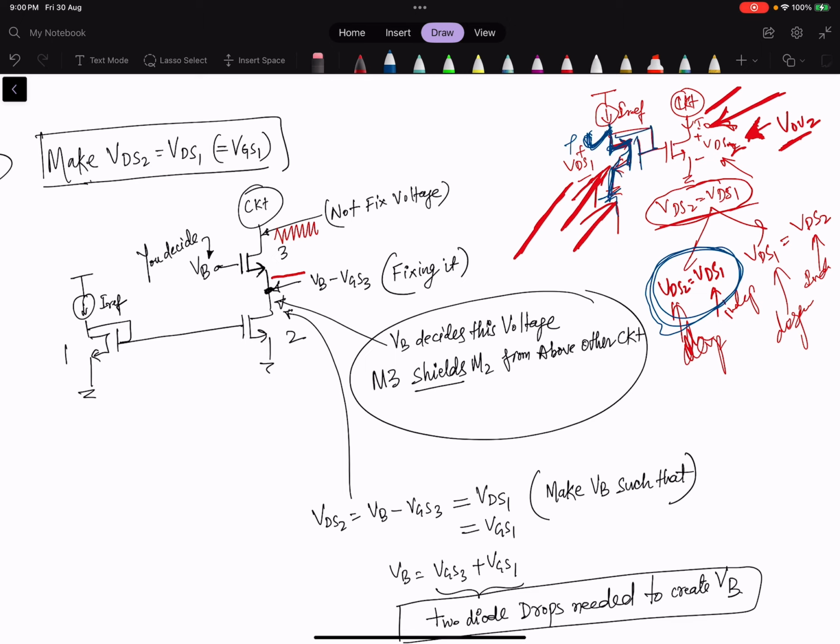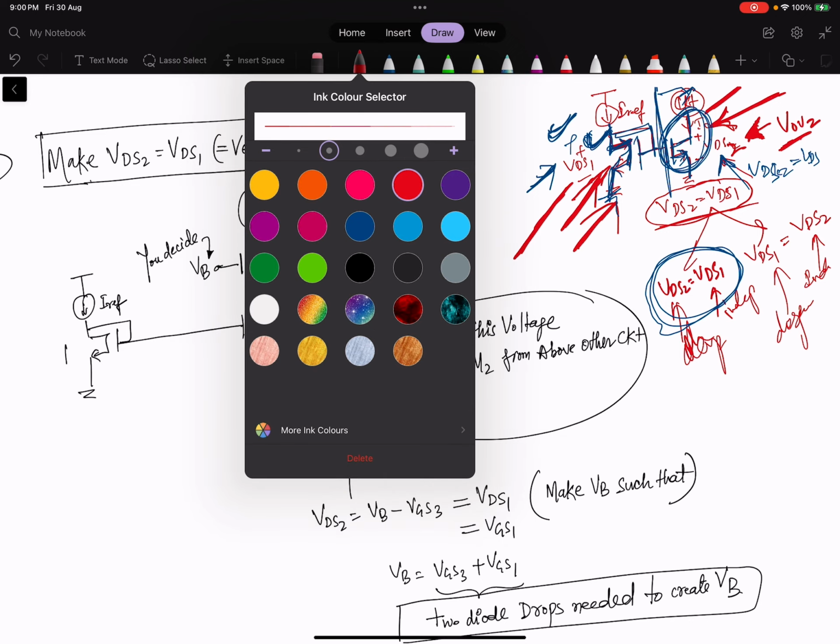We will make changes only on the right side. VDS1 will remain the same, and we will make VDS2 equal to VDS1 by making changes to this right side circuit. So let's go deeper into how we can do the changes.